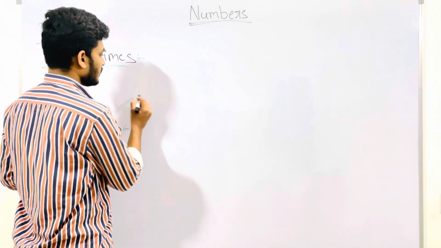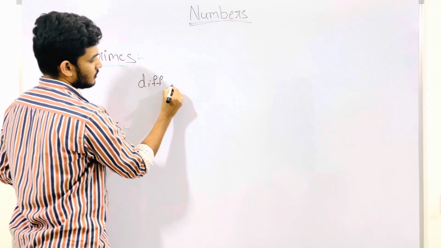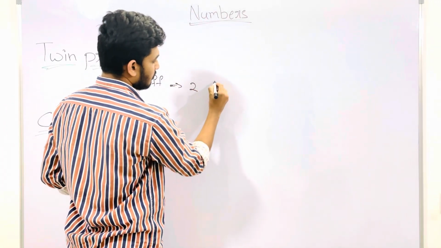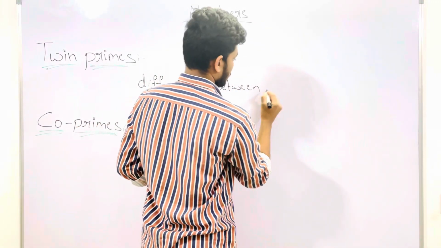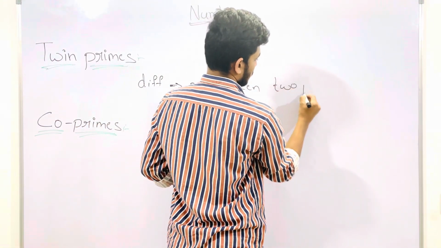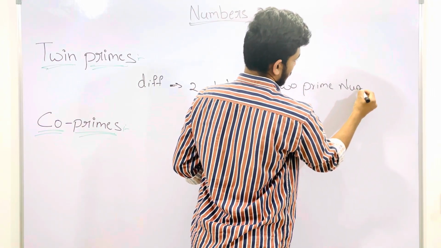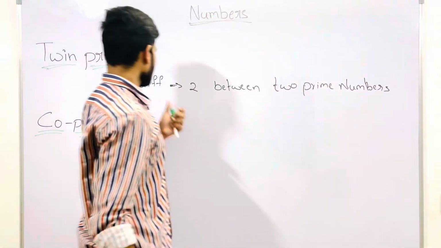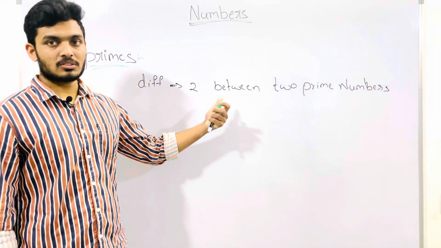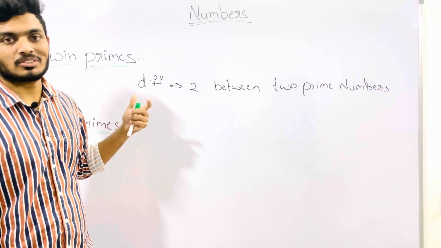So let's go through twin primes. Twin primes means the difference between two prime numbers is 2. If the difference between two prime numbers is 2, then those two numbers are called twin primes.